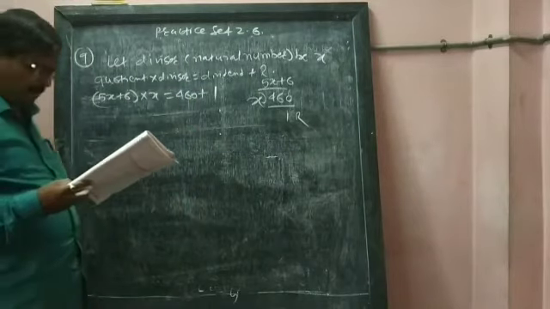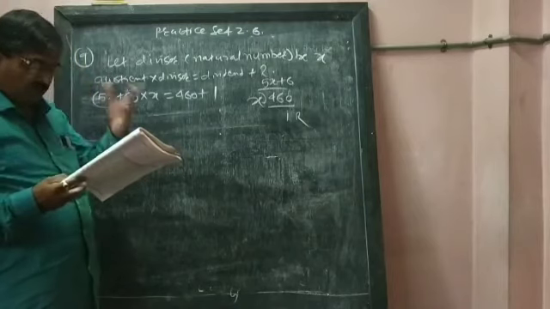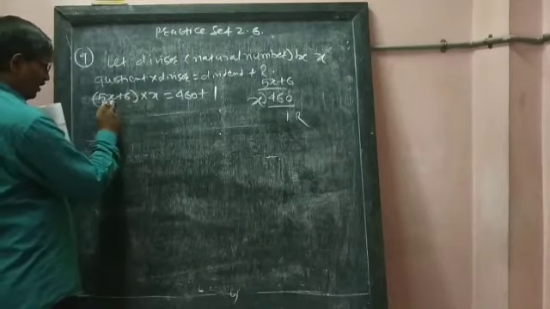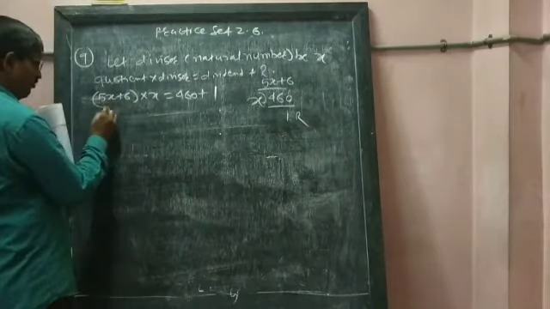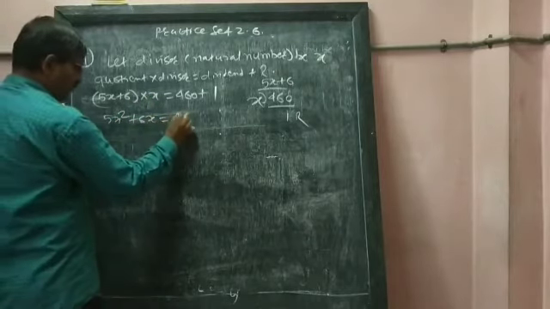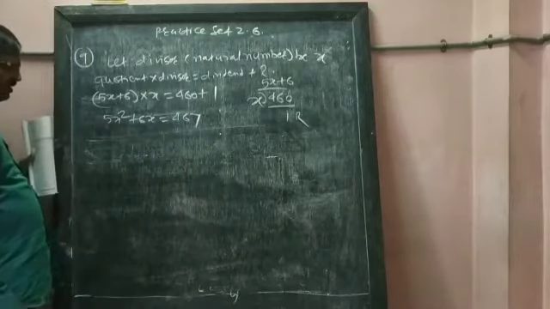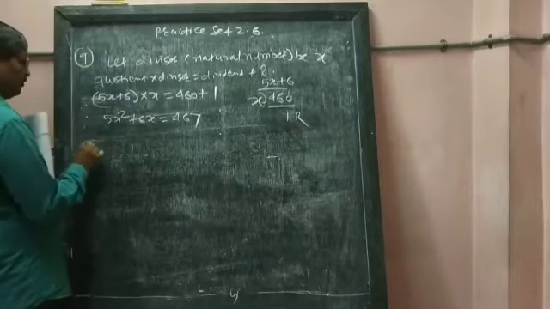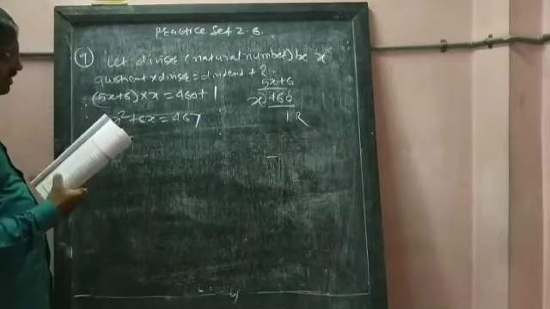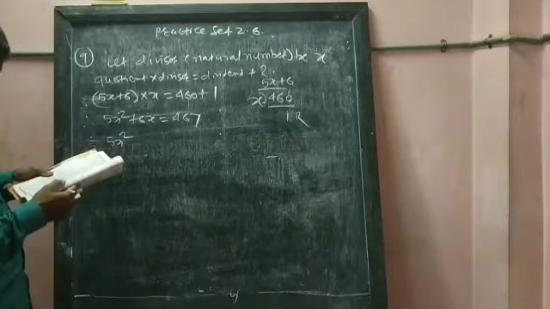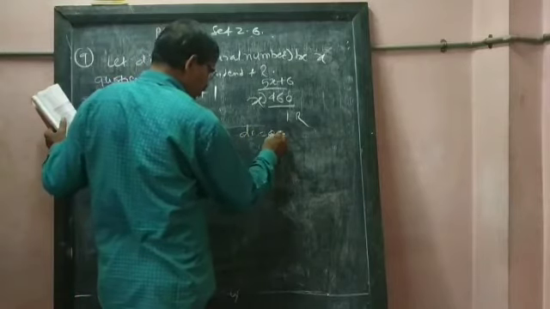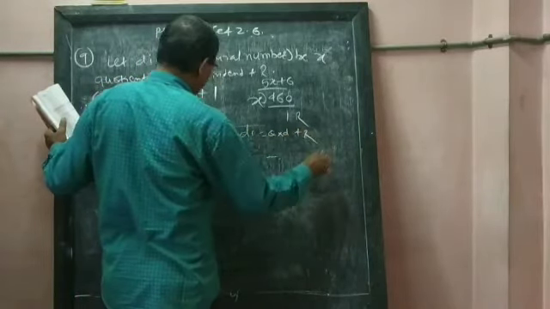Okay, so please see, x in bracket 5x plus 6 is equal to 460. As per the condition, x into 5x means 5x square, x into 6 is 6x, is equal to 467. Now 5x square. Please once again we have to check whether it is correct or not, because you know that dividend is equal to quotient into divisor plus remainder.